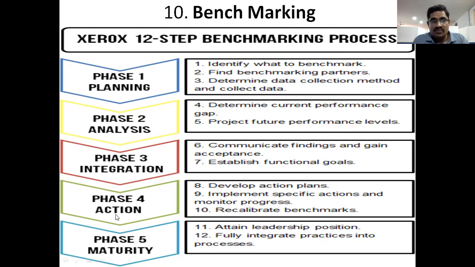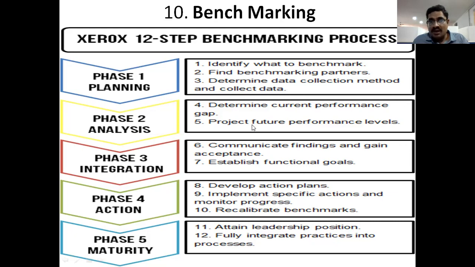And the fourth stage of benchmarking is the action. After completing the establishment of functional goals, we need to implement these goals. That's why we need to develop action plans, future courses of action. And then these action plans should be implemented by the employees of our organization. So implement specific actions and monitor the progress.